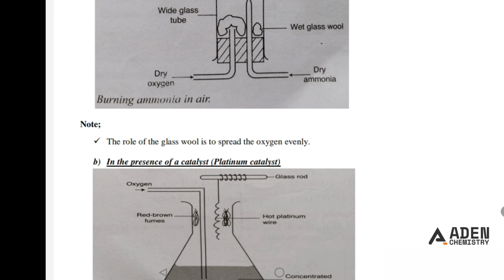So let us note, the role of the glass wool is to spread the oxygen evenly. So here is where we're having the glass wool, and here we're having oxygen. So the role of this glass wool is to spread this dry oxygen evenly, so that it reacts with this ammonia gas to form nitrogen gas and steam.